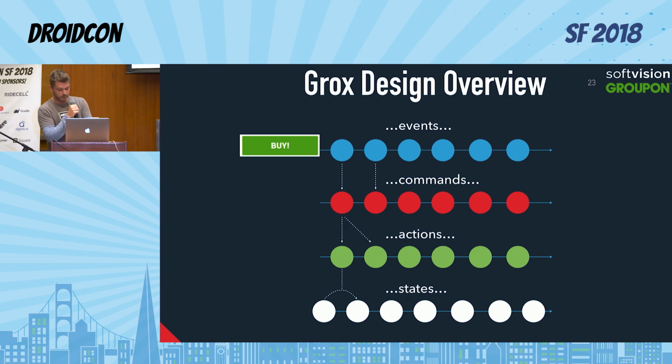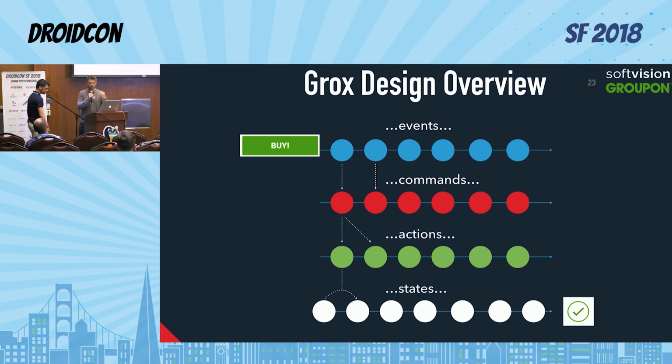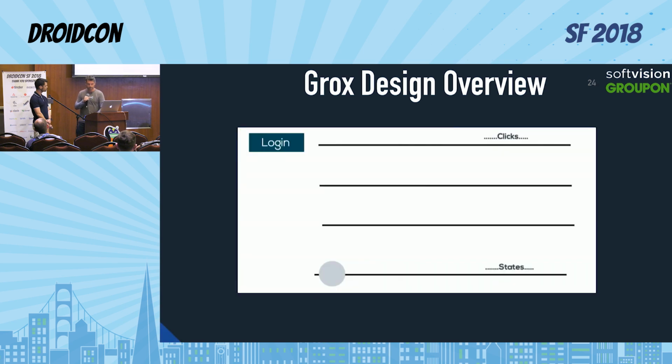We can redirect this stream of states to the UI and let the user know that the purchase operation was successful. All operations are going to be represented in this way with Grox: events, commands, actions, and states. There is no exception. Now I'll pass it over to Alin to give more of a sequential approach to explain what's happening inside a real Grox application in real time.